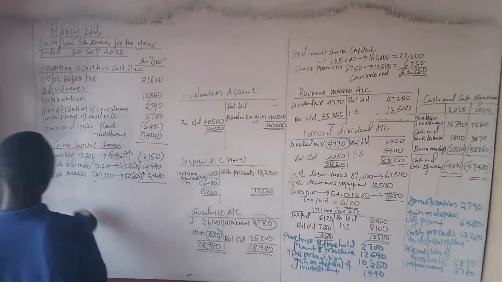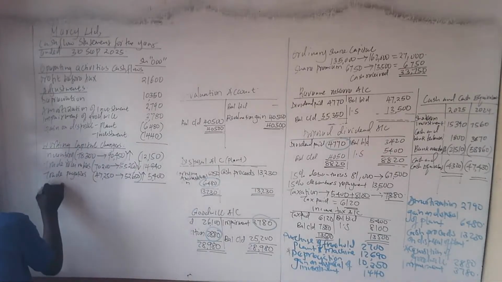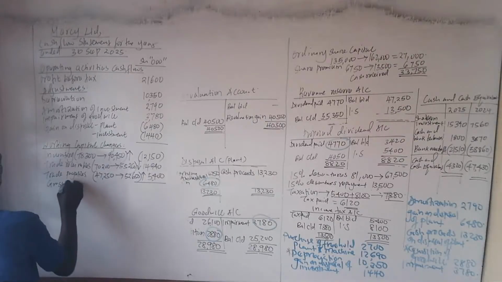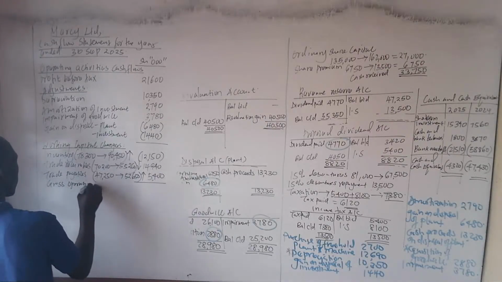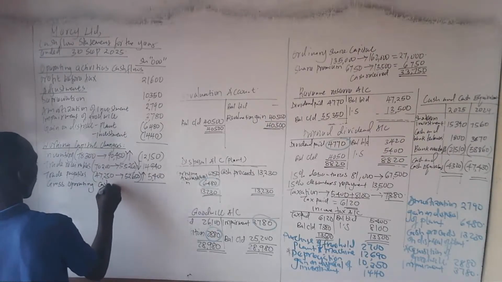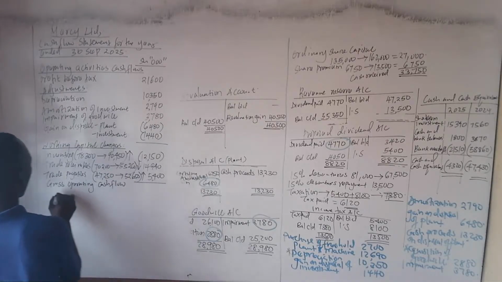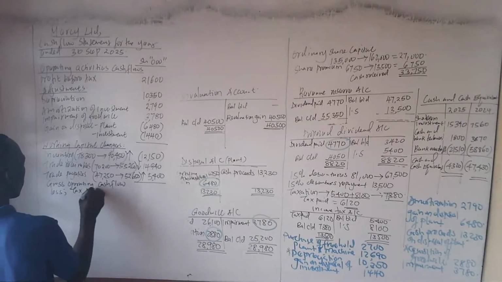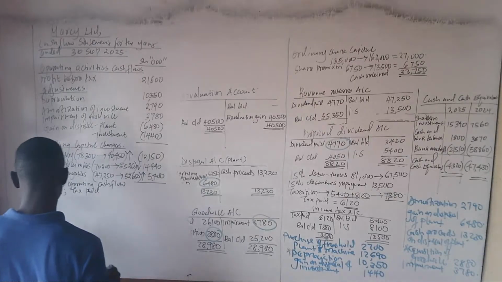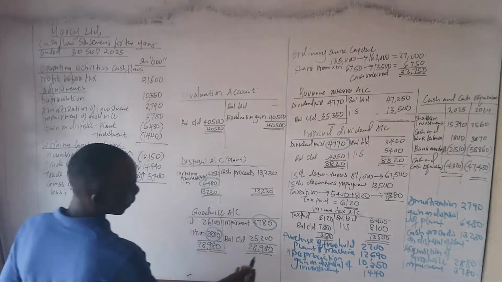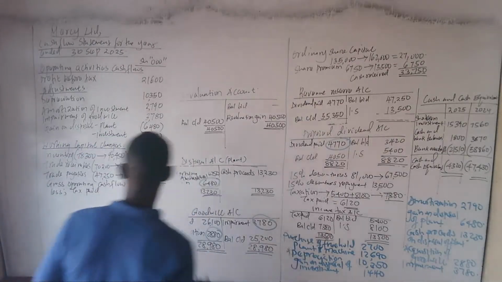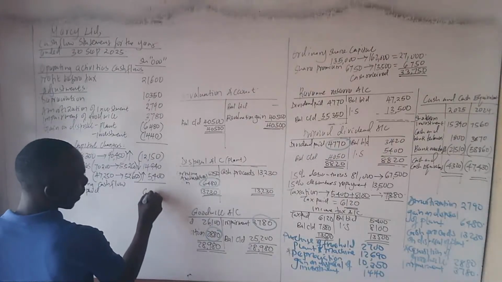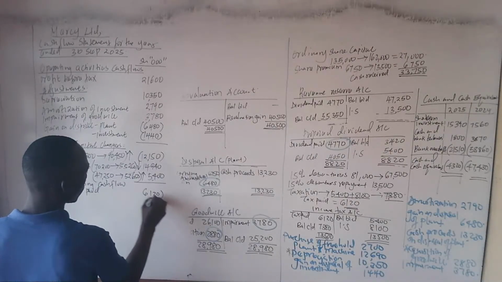Then from there, you get what we call the gross operating cash flow. Then you raise the tax paid. How much was paid? We have the tax paid here of 6,120.